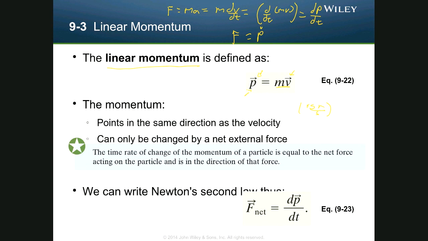But one of the things about momentum is it gives us an idea of scale and inertia in a way that just speed doesn't, right? So if you ask yourself, what would you rather get hit by, an object moving at 10 miles an hour or an object moving at 100 miles per hour, it could seem to pick the object moving at 100 miles per hour. But if I told you the object moving at 100 miles per hour is a baseball and the object moving at 10 miles per hour is a train, you're all going with the baseball, right?